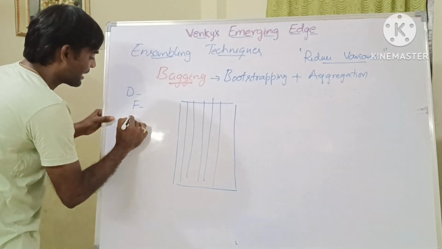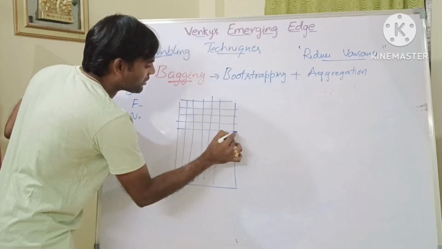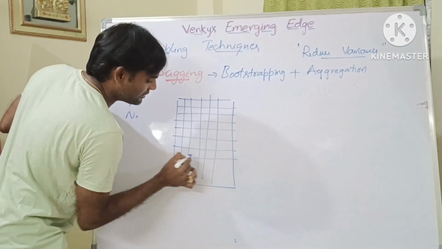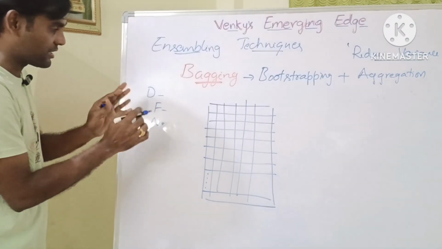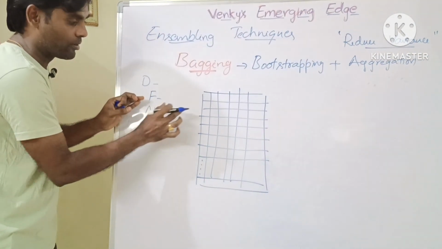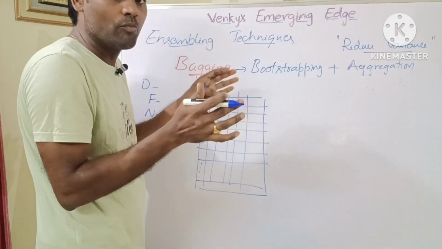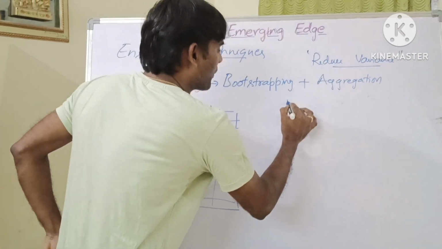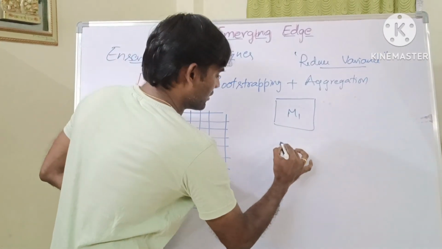Okay. Now, in ensembling we are combining more than one model. Here we are applying model 1, next model 2, next model 3, and so on up to model n. Is it clear? Different models. Now this data set is divided into different sub data sets.